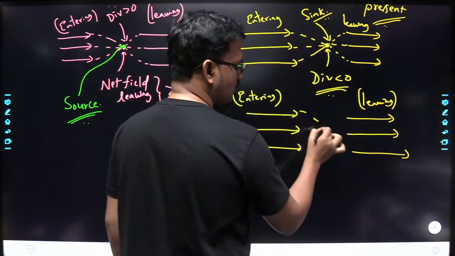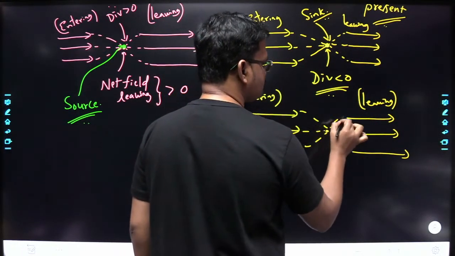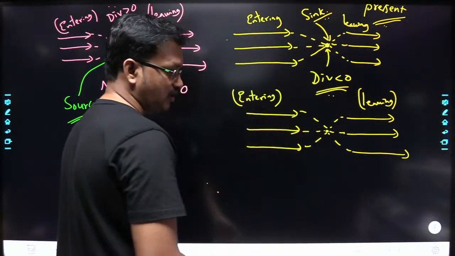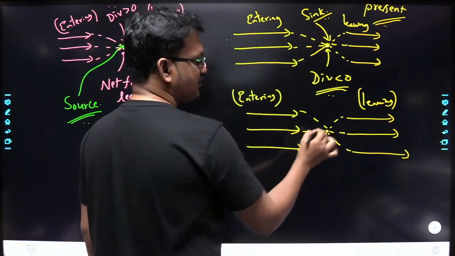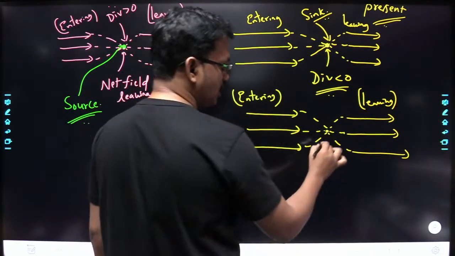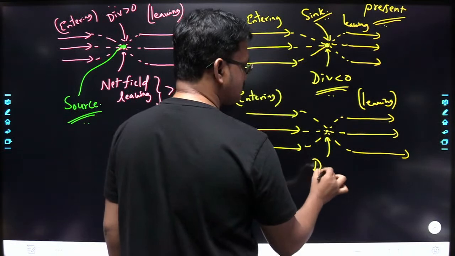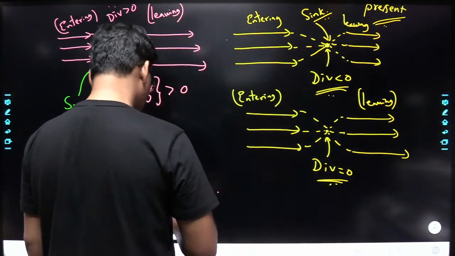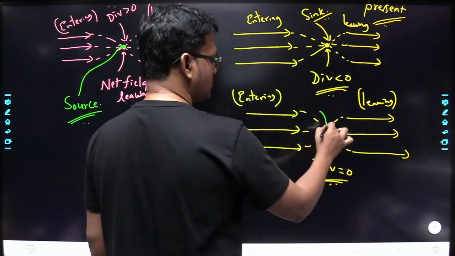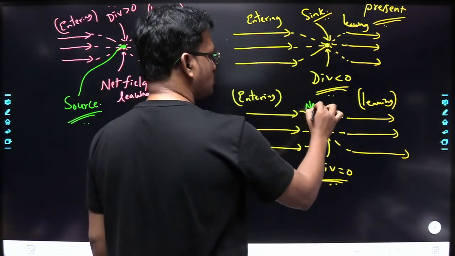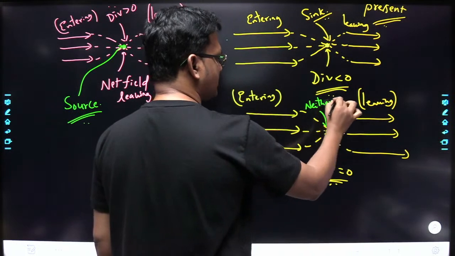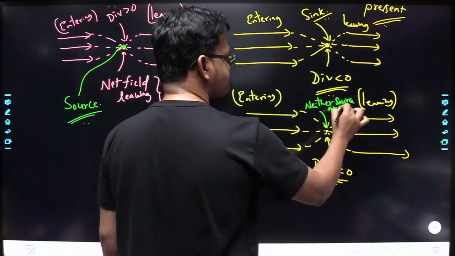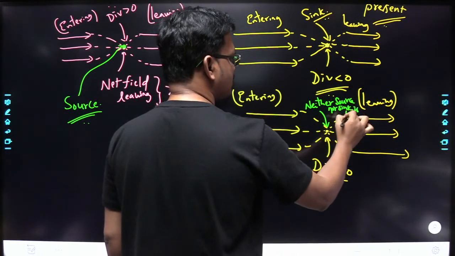Now if you observe here, whatever the field that is entering, the same field is leaving here. So that means the net field that is leaving from this point is equal to 0. That means at this location divergence is equal to what? Divergence is equal to 0. So if divergence is equal to 0 means what here? At this location neither source nor sink is present, right?